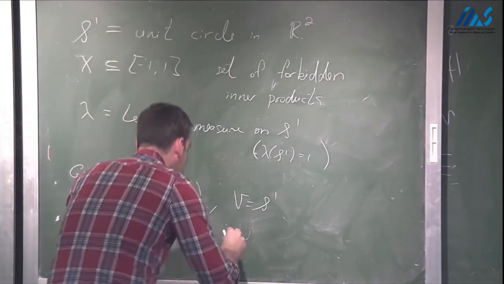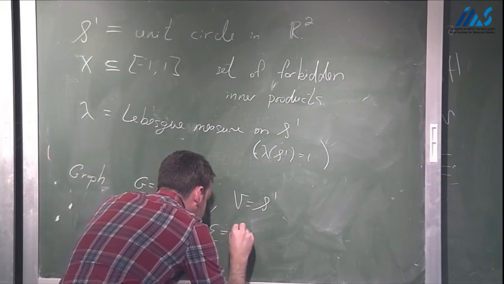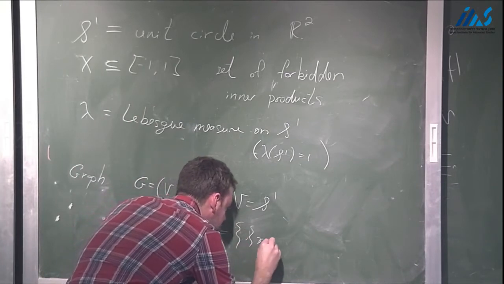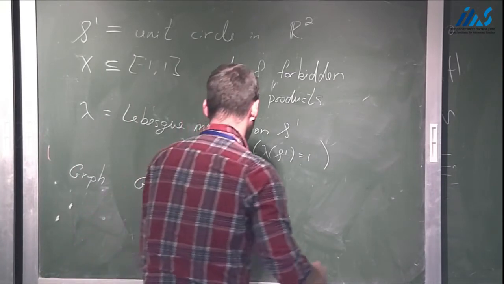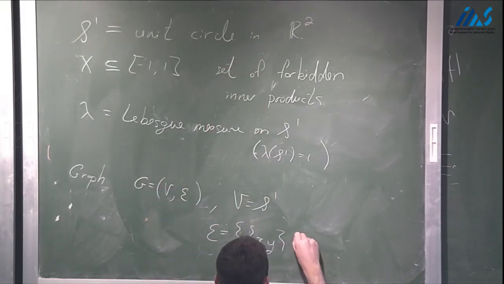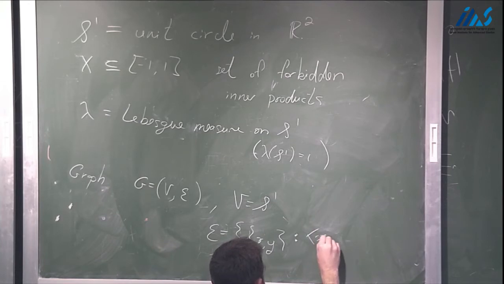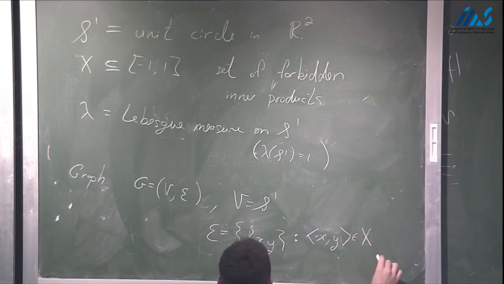So this will be the set of pairs of points such that the inner product lies inside the forbidden set.